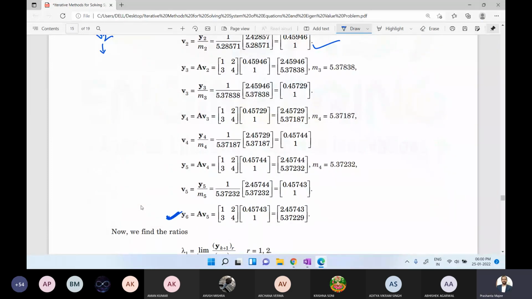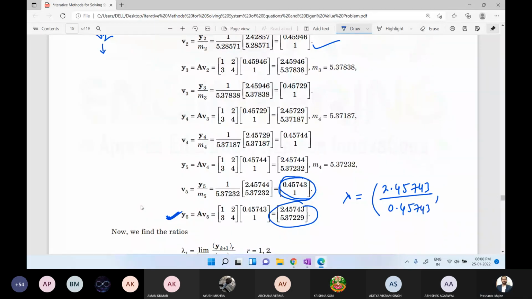So y6 is this value, v5 is this value. So what is the dominant eigenvalue? Lambda is this ratio, 2.45743 by 0.45743, or 5.37229 by 1.